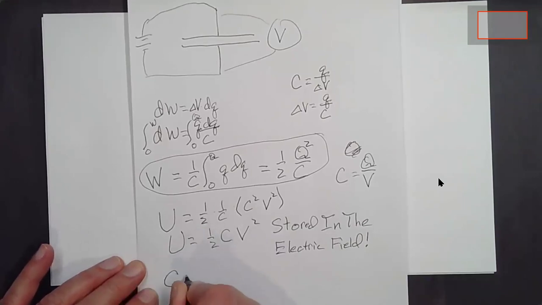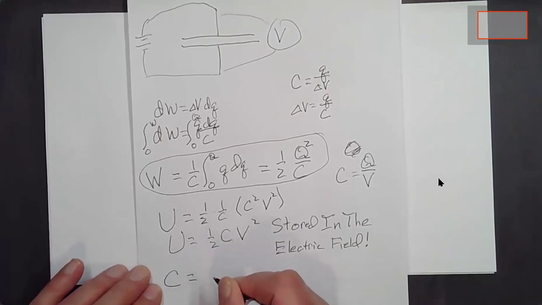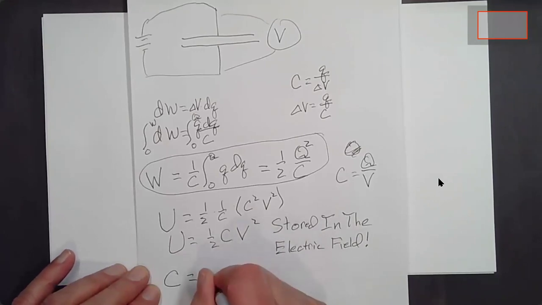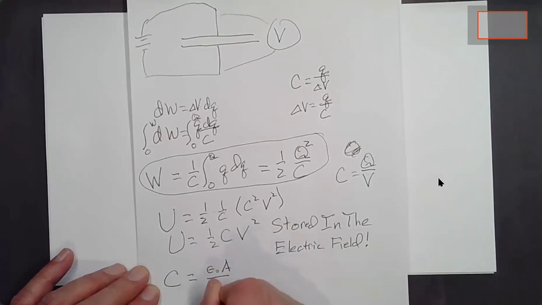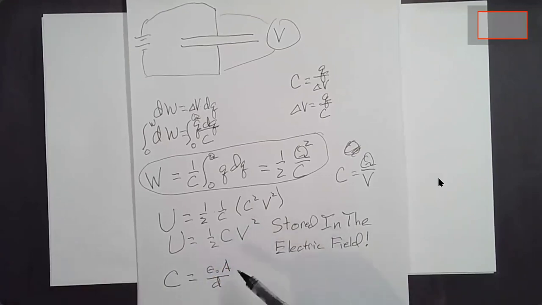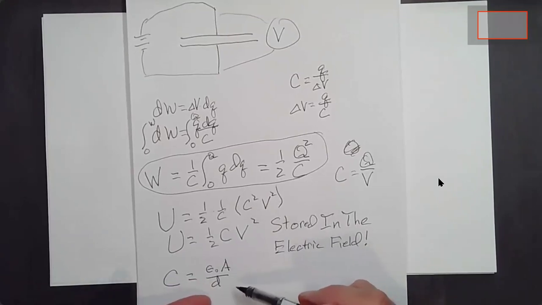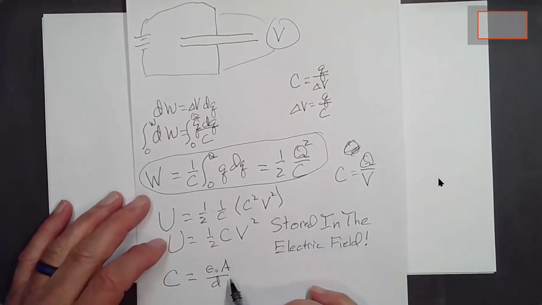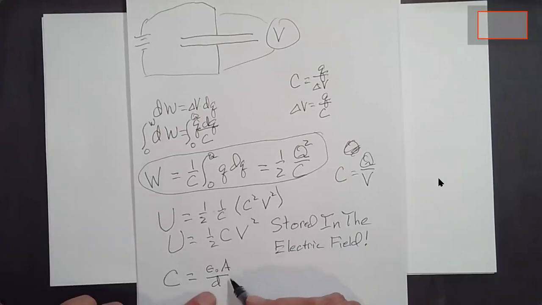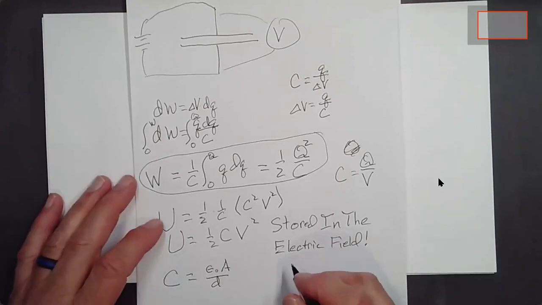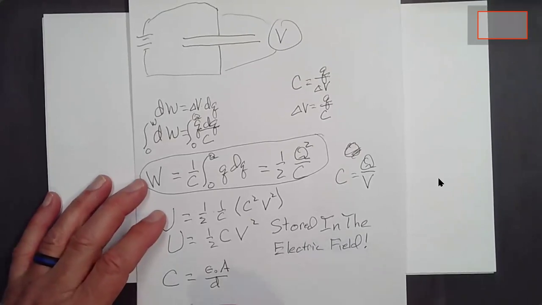The capacitance of a parallel plate capacitor ends up being epsilon naught A divided by D. So there's a little volume of space in there, a volume that's A times D. And within that little volume of space is where the energy is stored. We could figure out the energy density in that electric field.